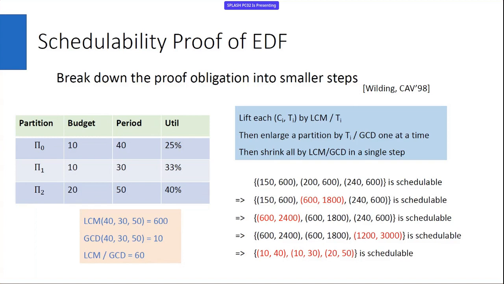It's 3. So you enlarge one partition here, then you enlarge another partition here, then another. Each of these enlarge steps always enlarges the one that leads to the largest period. Once you enlarge them all the way, you can shrink all of them by LCM divided by GCD, in this case 60. It will go back to the original set of parameters for these 3 partitions.